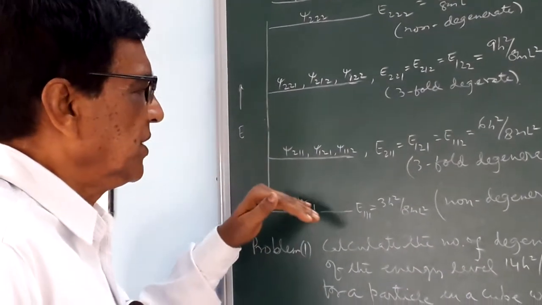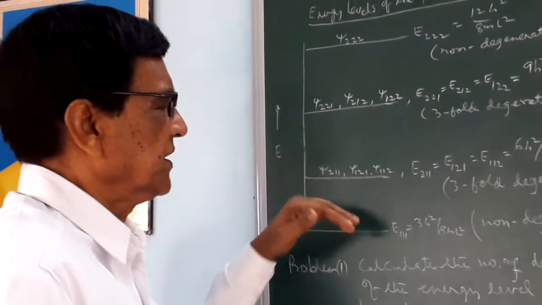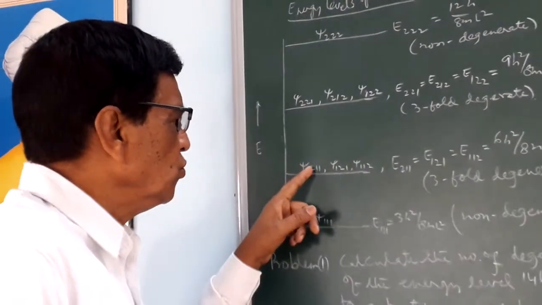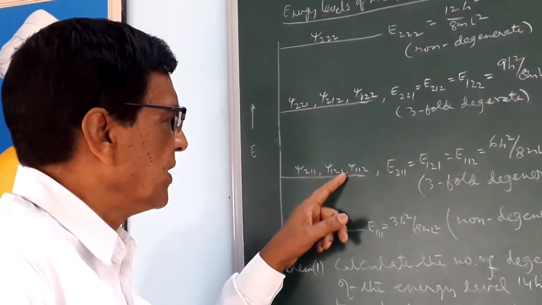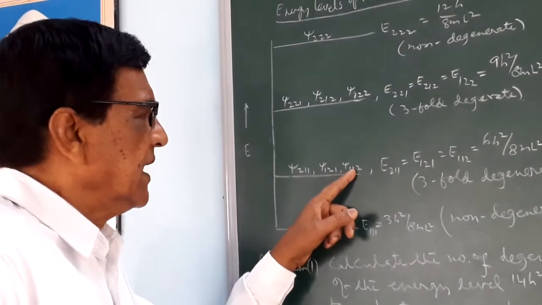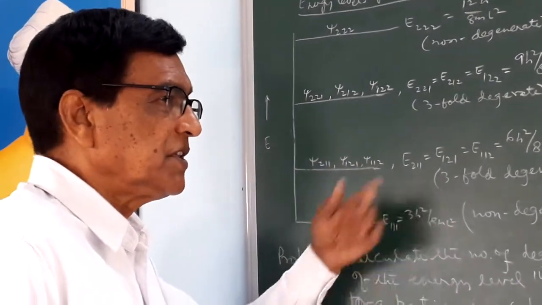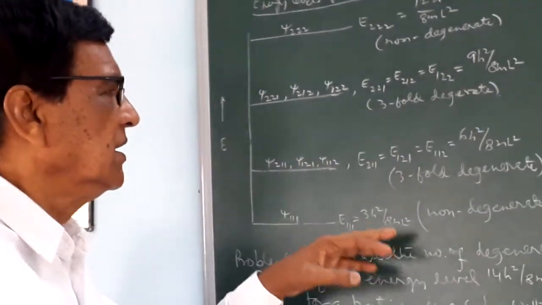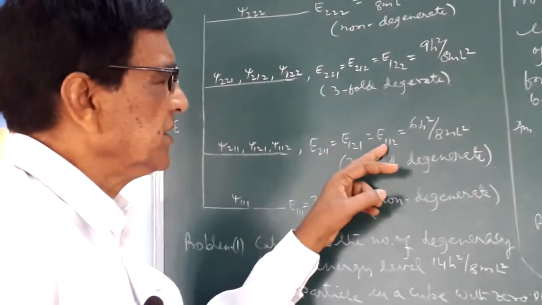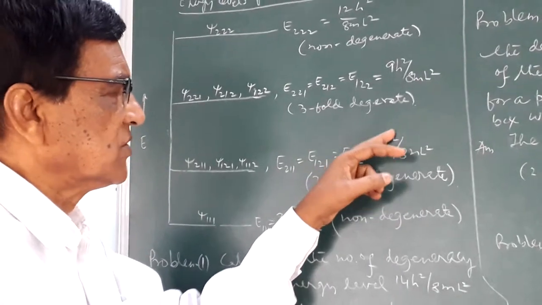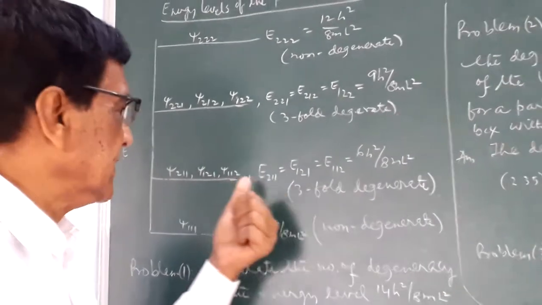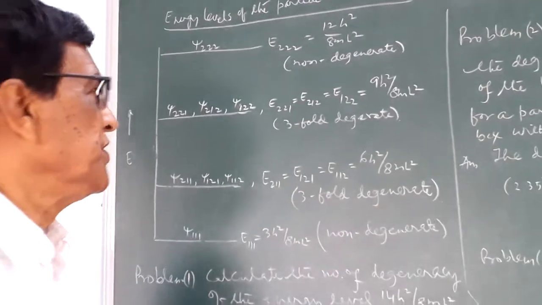But whenever we go to the next excited state, psi 211, psi 121, psi 112 are the three wave functions representing three states, but the energy level in all three cases is equal to 6h² divided by 8mL². So this level is threefold degenerate.